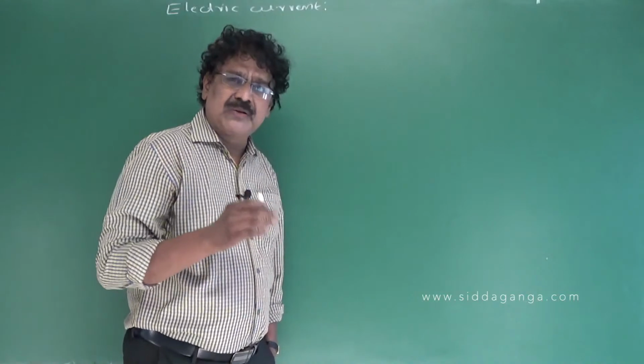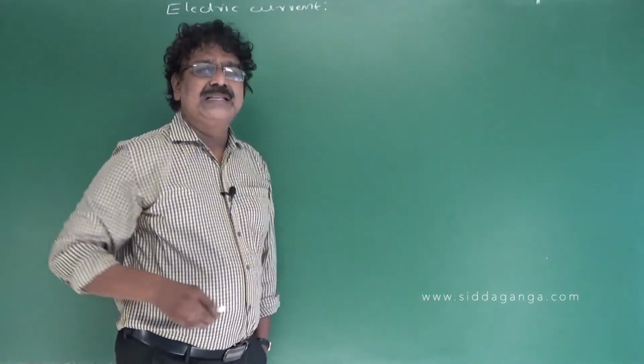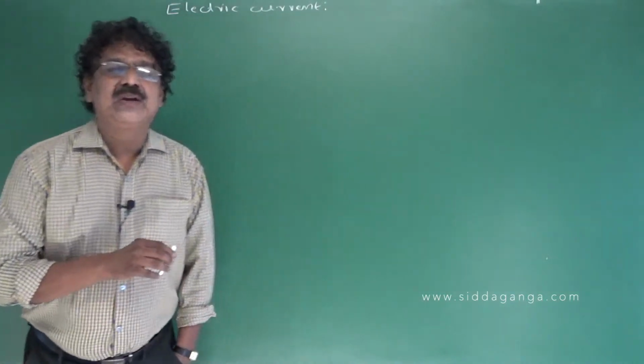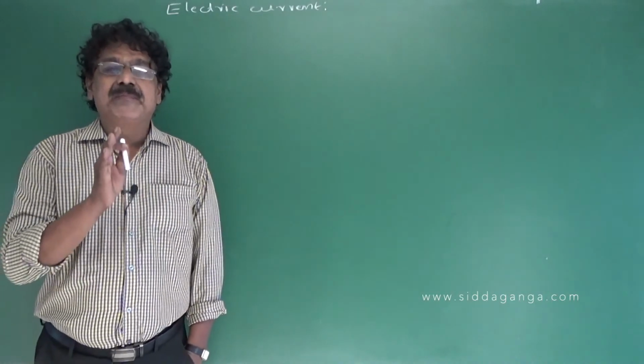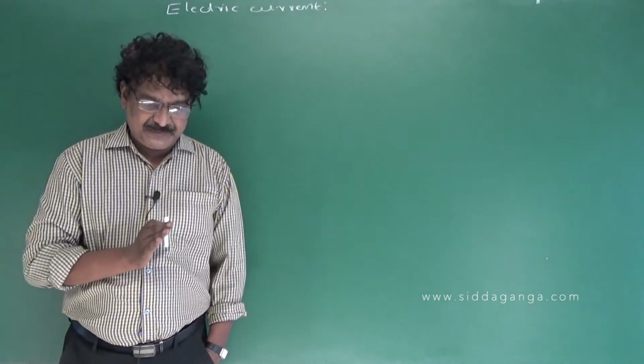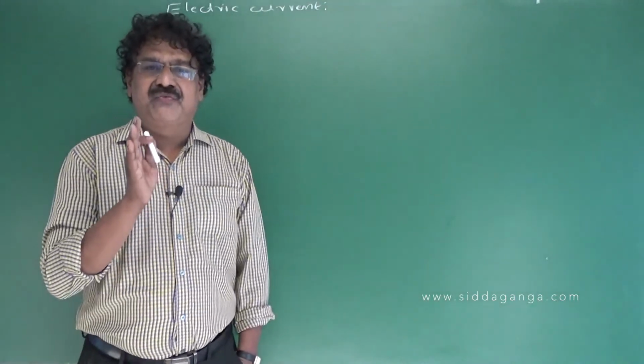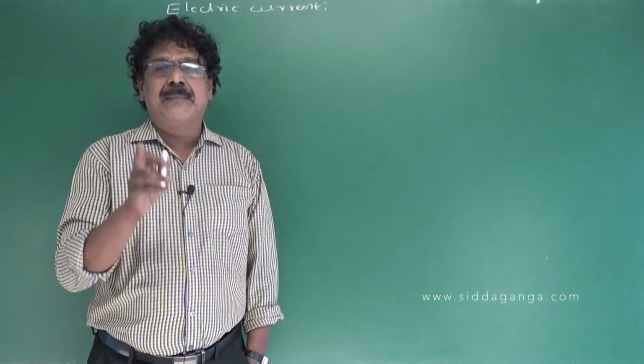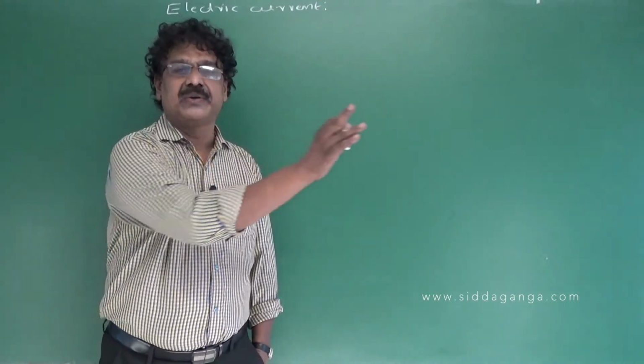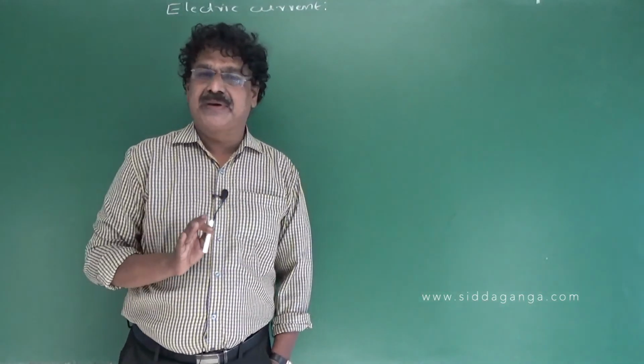Now, before going to understand exactly what electric current is, we need to know some basic conditions, because we know that heat always flows from a point of higher temperature to a point of lower temperature.